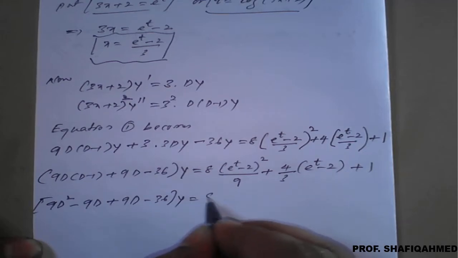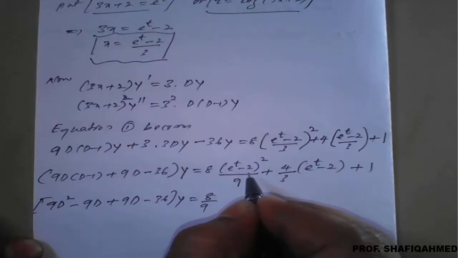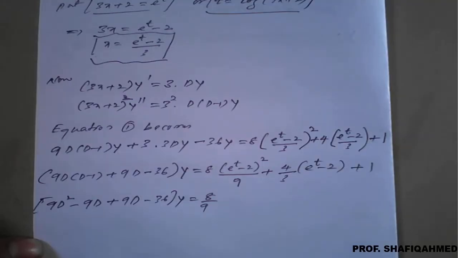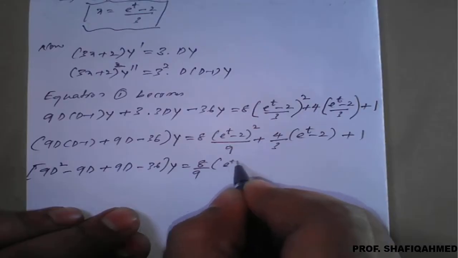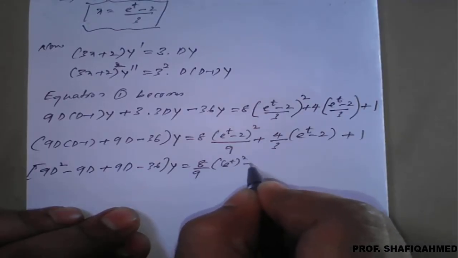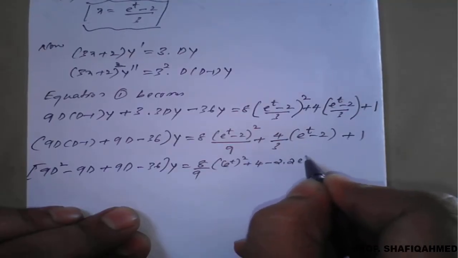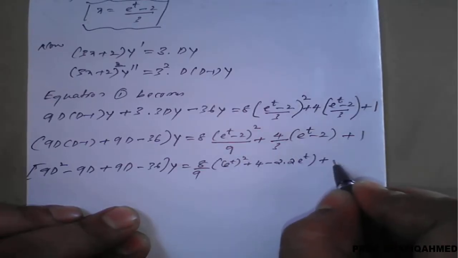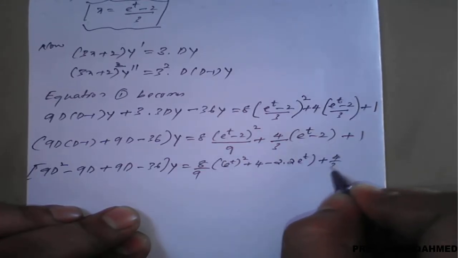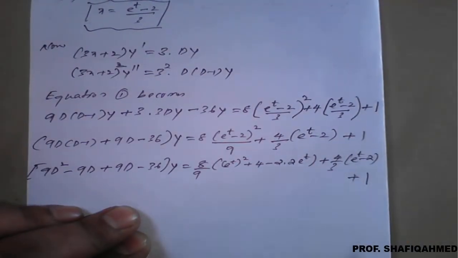So here 8 upon 9, you apply the formula of (a − b)² to the right hand side. It is (e^t)² + 4 − 2·e^t, plus, open the bracket, 4/3 (e^t − 2), and this plus 1 I am writing here.